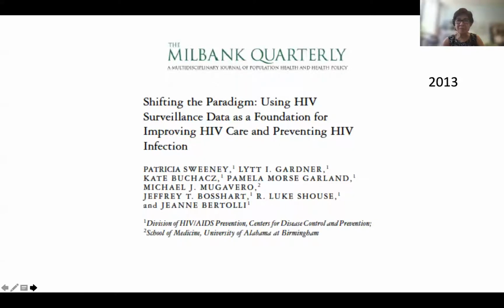At the time, it was sort of revolutionary to think that people from health departments who were very into their surveillance data could dip their toes into the care arena, get out of their surveillance mindset, and use their surveillance data to actually help people in the clinical realm and the prevention realm. This was really the basis from which data to care efforts have been built.